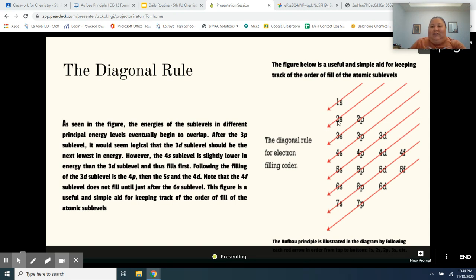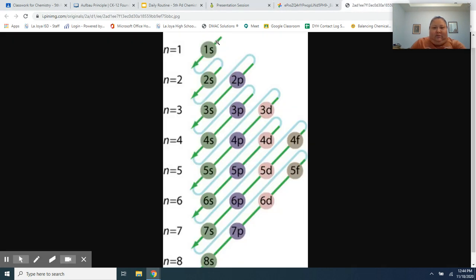Some people like this one. Other students like this one, okay? And you can see it on Google Meet. It's not on Pear Deck. It connects all the arrows, okay? You start on top of the green arrow, you go down, you follow what's in blue, then you go down, you follow blue, you go down, blue, down, blue, down.